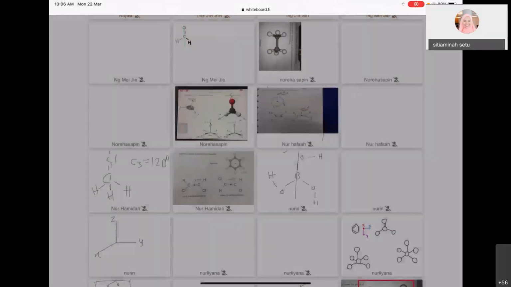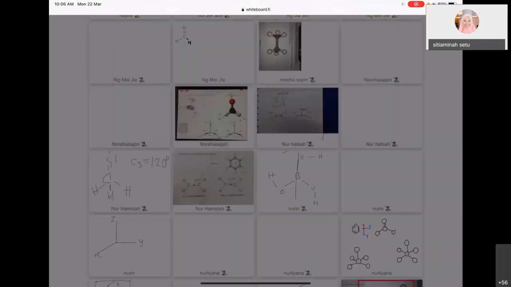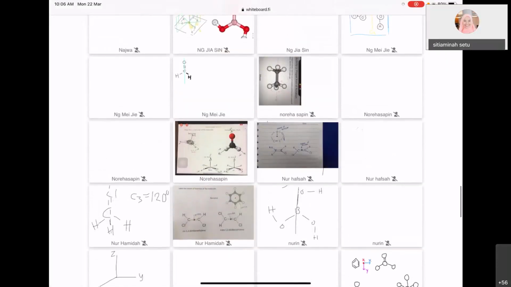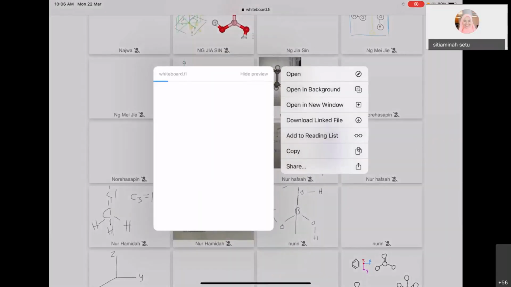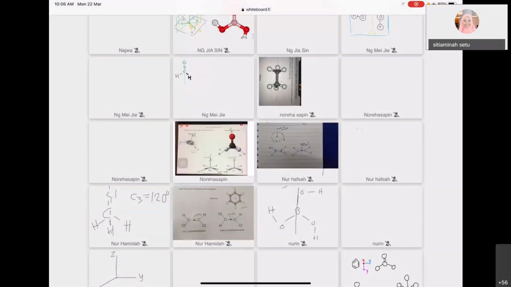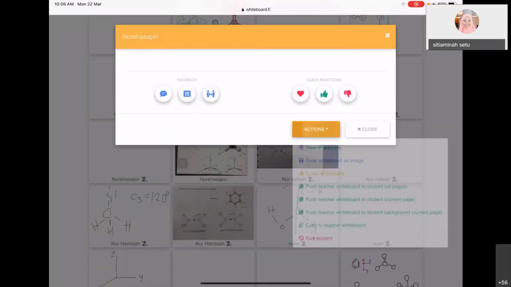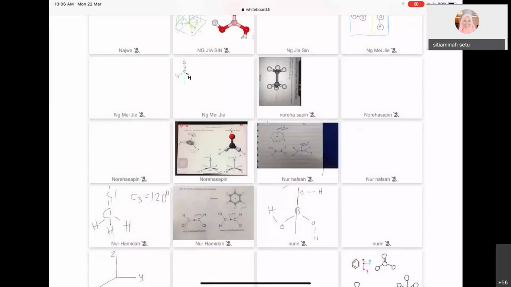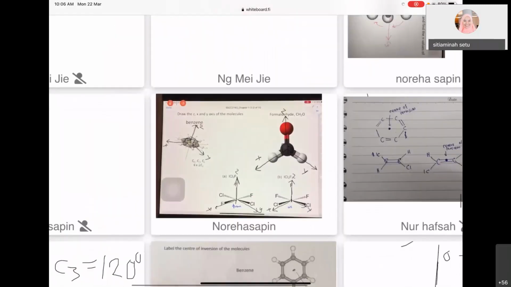Okay, jom tengok satu jawapan daripada mana ni? Okay, tak apa.